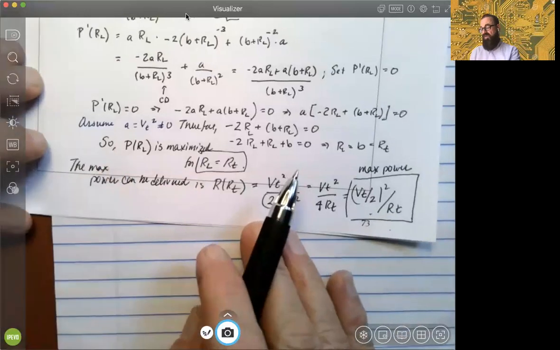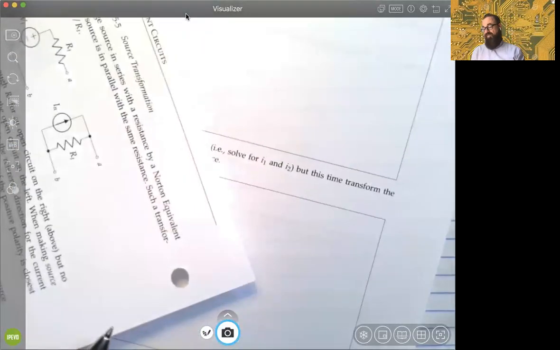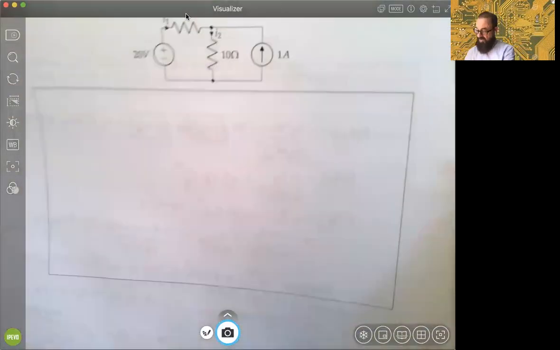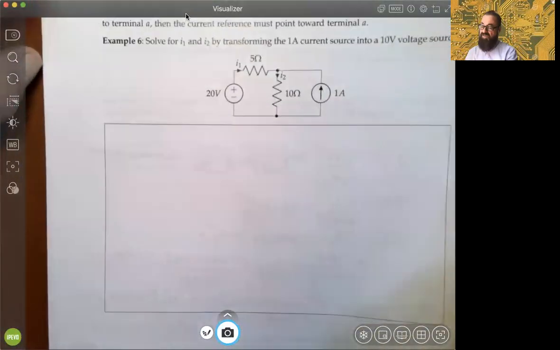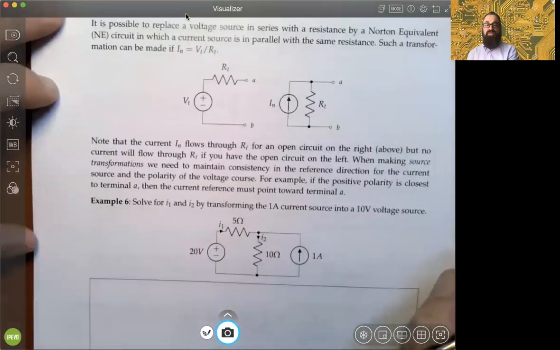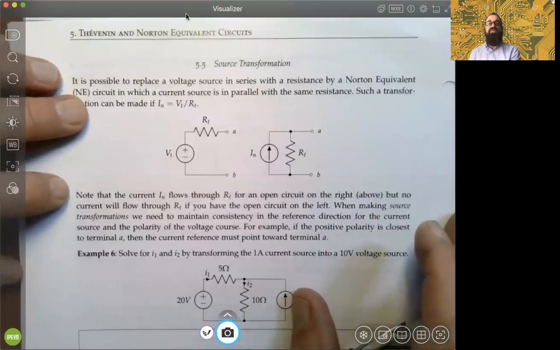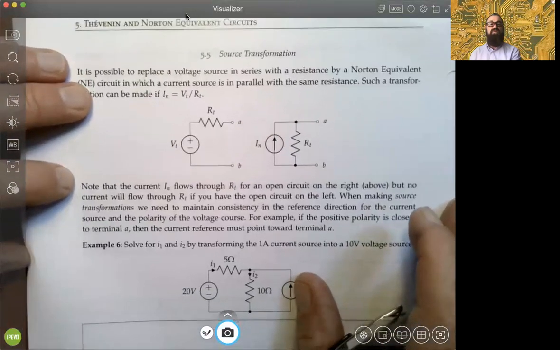Okay. Alrighty, so the last section of this chapter involves what's called source transformation. This is section 5.5. We're now at the top of page 74. This is a very handy technique sometimes that you see people in circuit analysis use.